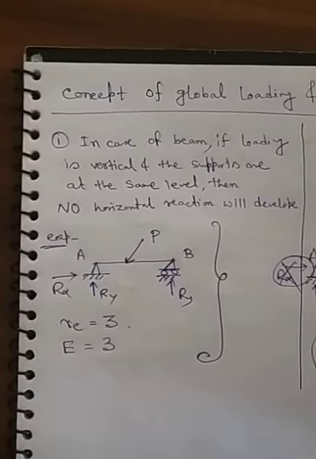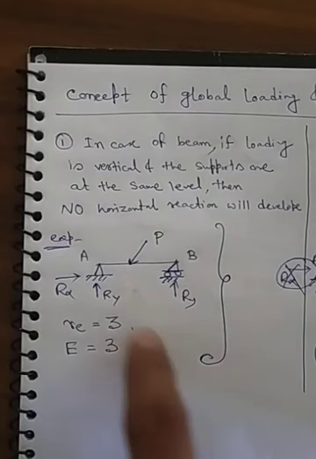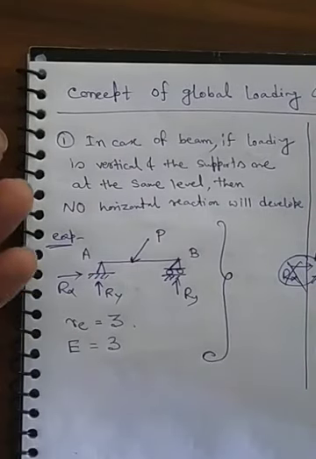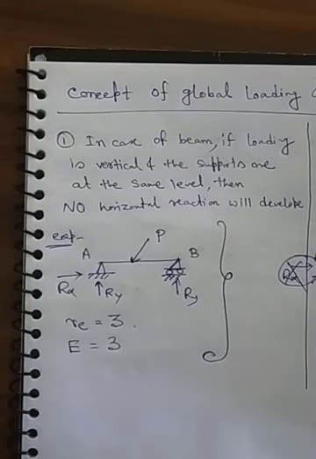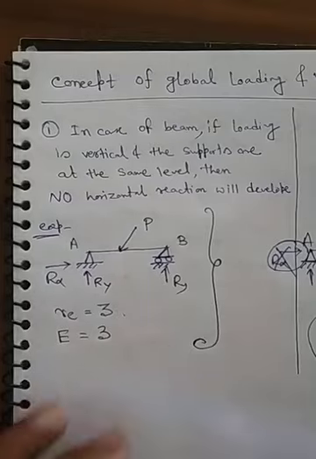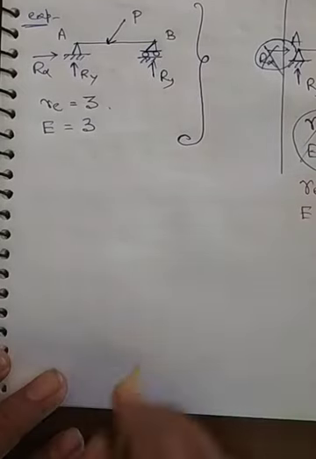If vertical loading is done but these supports are not at the same level, something is up and something is down, then the horizontal reaction should be considered. Please put this in your mind. Now, what are the types of structure?